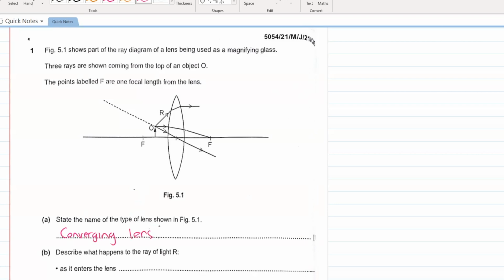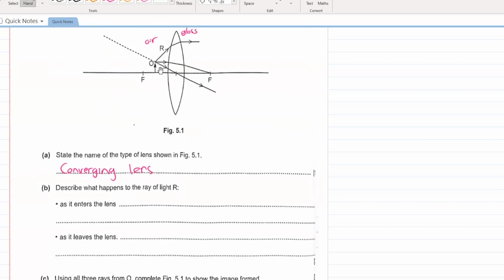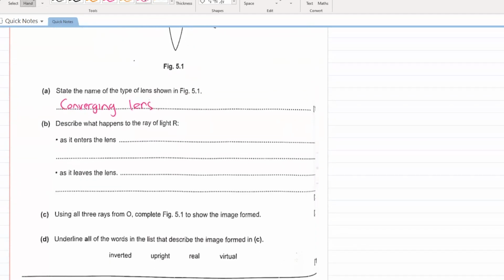Describe what happens to the ray of light R as it enters the lens. So initially your light is in air. As you enter the lens, probably you are entering glass or plastic. So you are going from a less dense material to a more dense material. As you go from a less dense material to a more dense material, what happens?